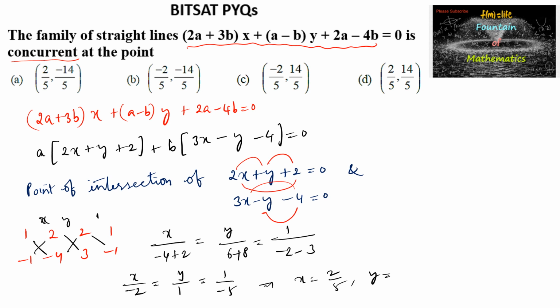So y is equal to −14 upon 5. So the family of straight lines passes through the point (2/5, −14/5). It is the point of concurrency, all the concurrent lines passing through this point. So we go with option A.